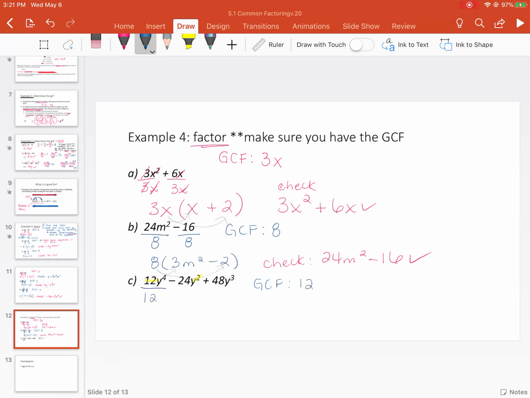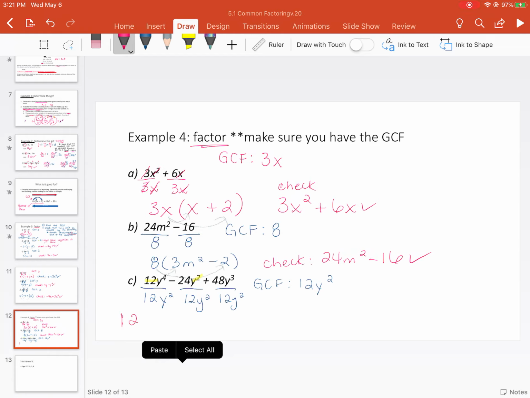So 12 is a great choice because in the first number, when we divide by 12, we're going to get 1. Okay, so 12, and then because the y squared in the second term is the lowest exponent on the variable, that's what we have to use because we don't want to get decimals.